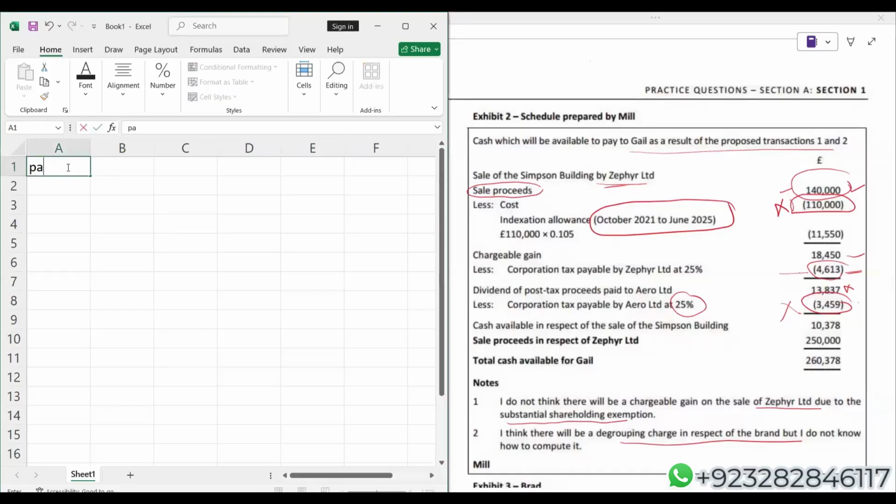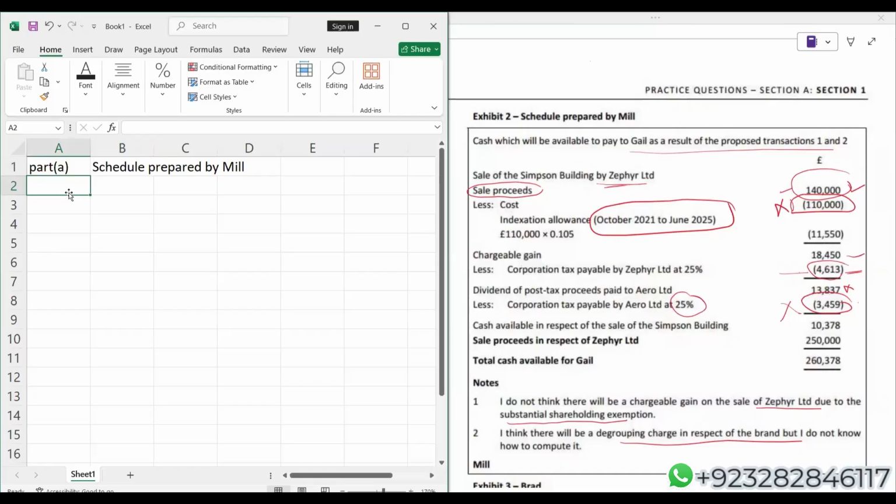Part A. I'll take the heading from here, schedule prepared by Mill. Sale proceed is 140. That is okay. There's no issue at all.